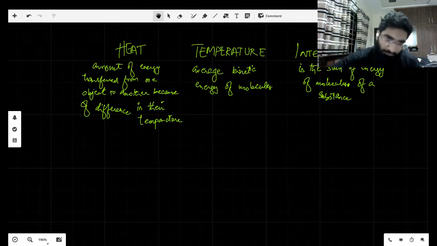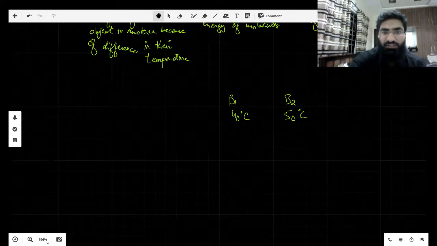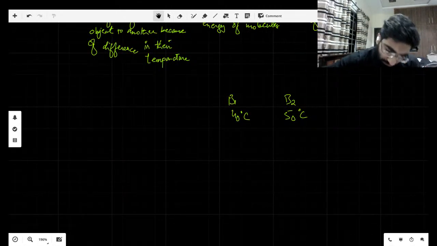So, for example, if I've got two bodies, body 1 and body 2. For body 1, temperature is 40 degrees centigrade, and for body 2 temperature is 50 degrees centigrade. In the other case, again there are two bodies, let's call them A1 and A2.